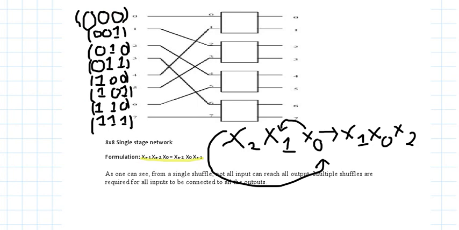If you shift each and every bit one position towards its left, then you get 0, 0, 0. Hence, by following this formulation, we can say that the first processor, whose address is 0, 0, 0, can directly communicate with itself only.